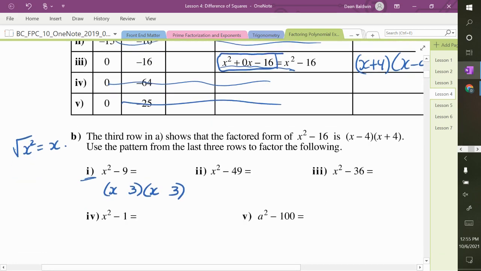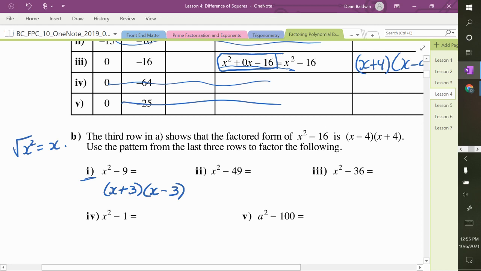Okay? So it doesn't matter which one you make positive and which one you make negative. And that's it. Whenever you see two terms separated by a minus sign, basically just square root each term, put them in the brackets, make one plus, one subtraction, and you're done.